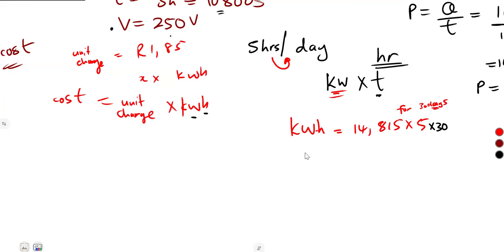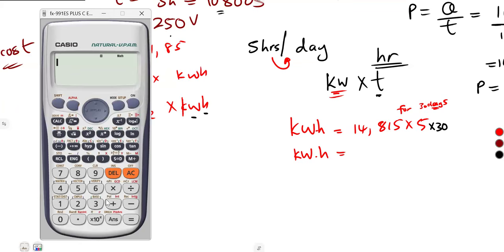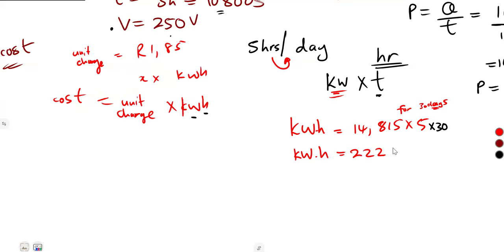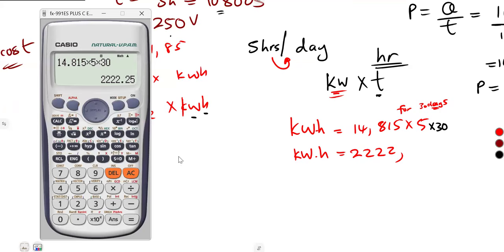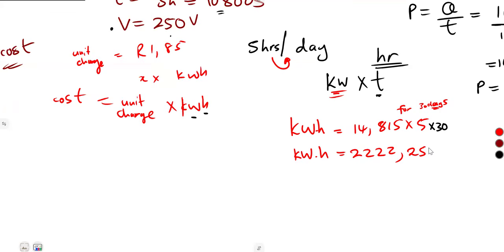That is how we're going to find our kilowatt hour: 14.815 times 5 times 30. This was going to give us 2,222.25.